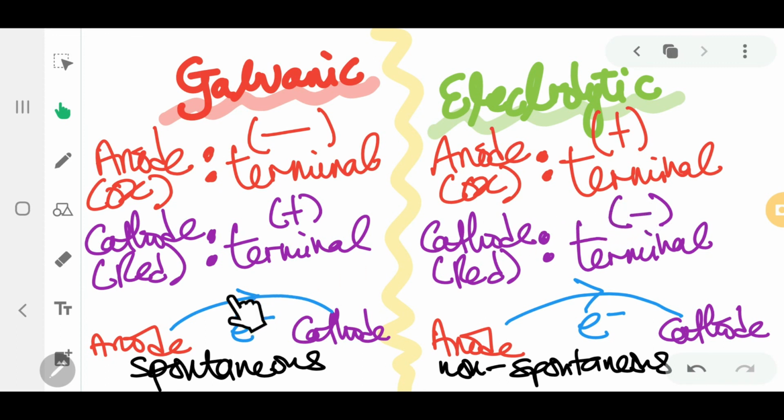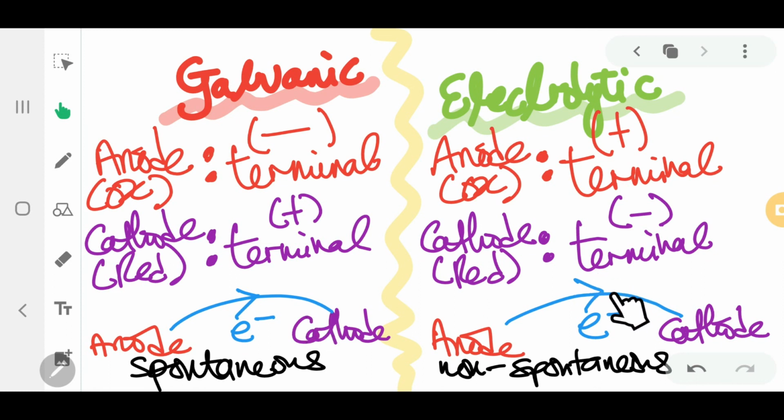Tip number 2: always remember that the electrons will flow from anode to cathode for both. But the process of electrons moving from anode to cathode in a galvanic cell is spontaneous, so you don't have to supply electrical energy.